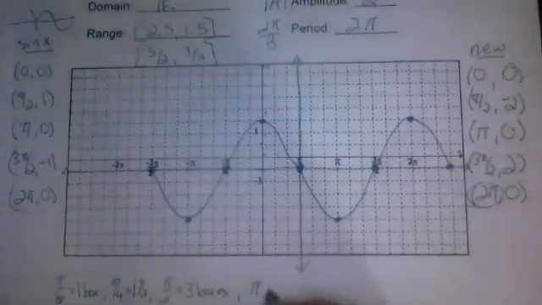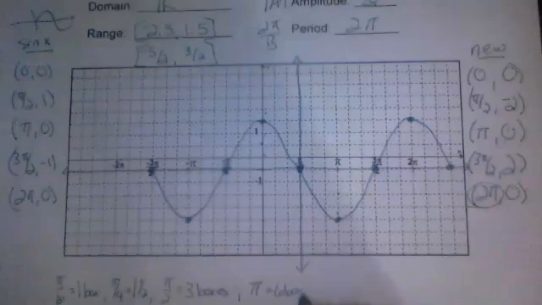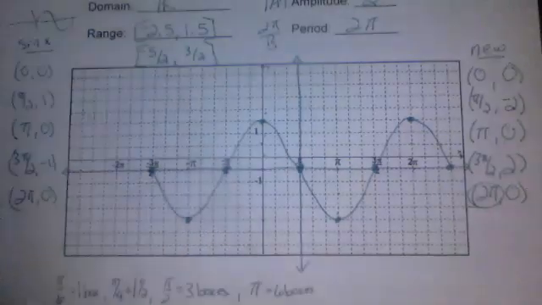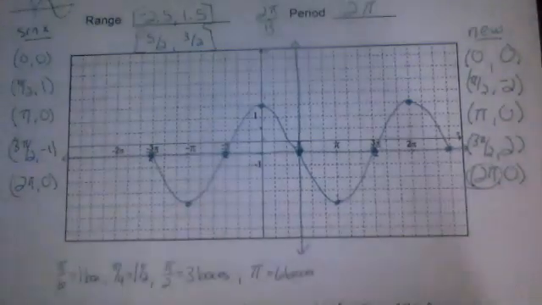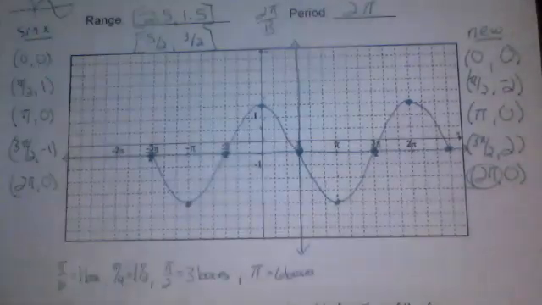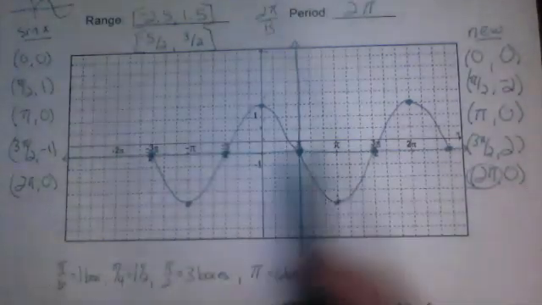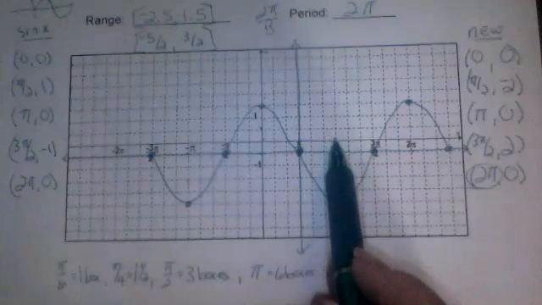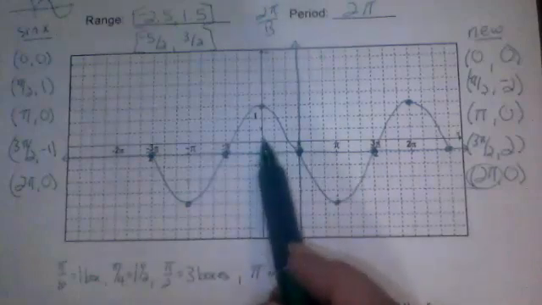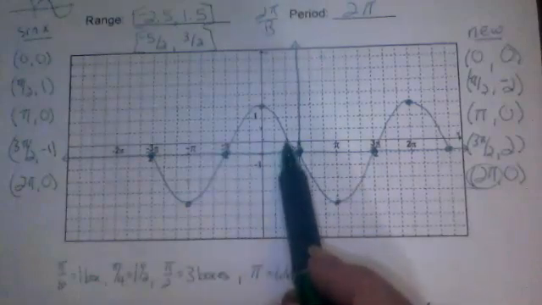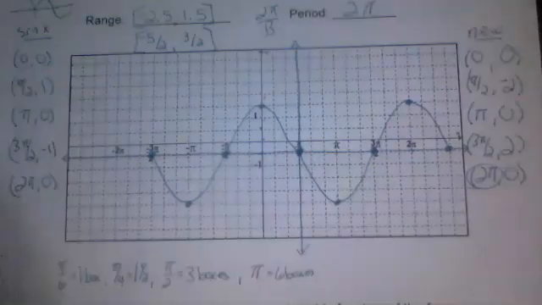Pi is 6 boxes. And remember too that in normal units, if it doesn't end up in pi units, then left and right, pi is going to become 3. So every 2 boxes, it'll be double boxes, 1, 2, 3.